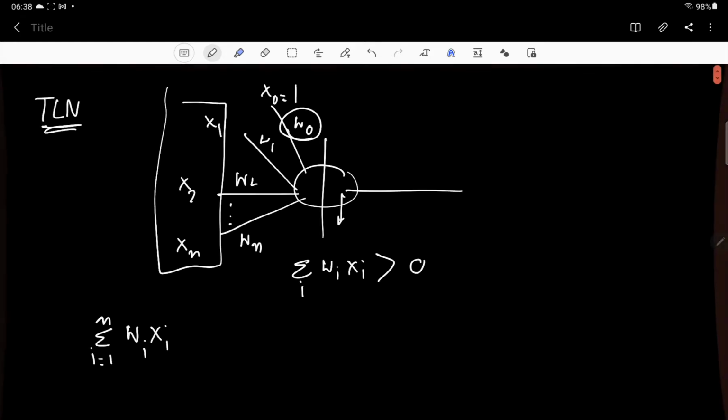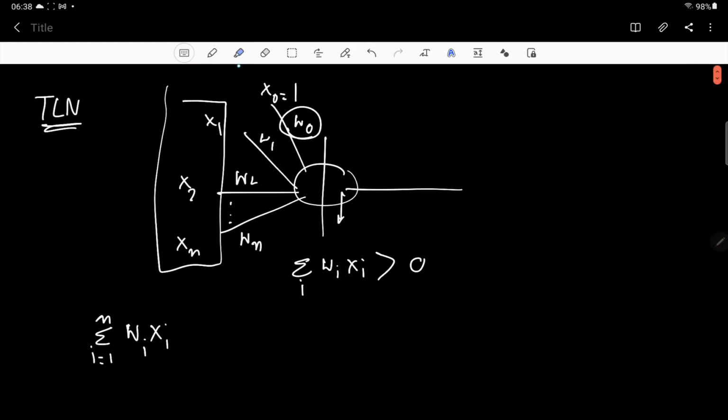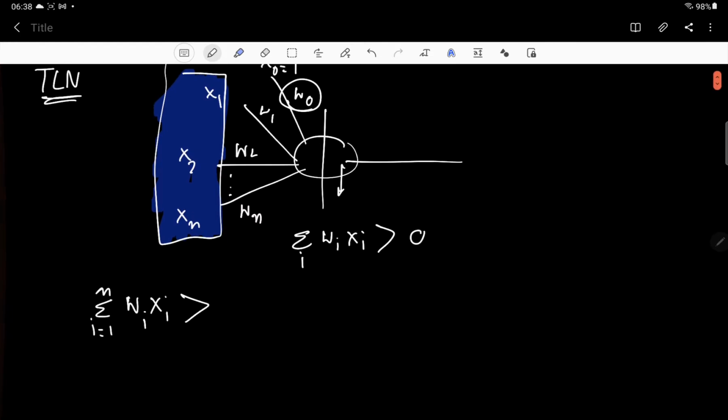This is the summation of all inputs, all inputs coming from other nodes. If it's greater than some threshold, or many people say the bias, it will be actuated and fire output to other nodes.